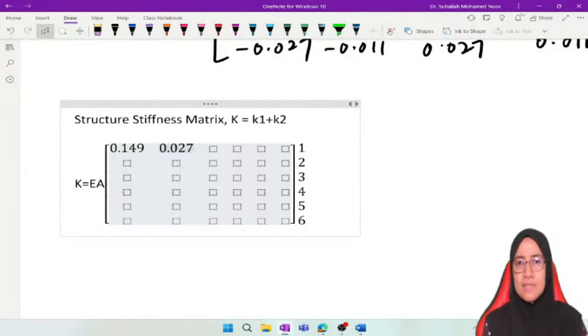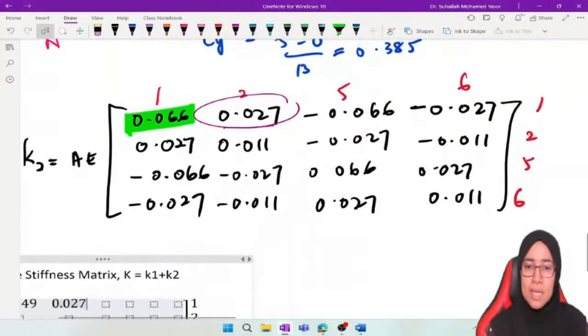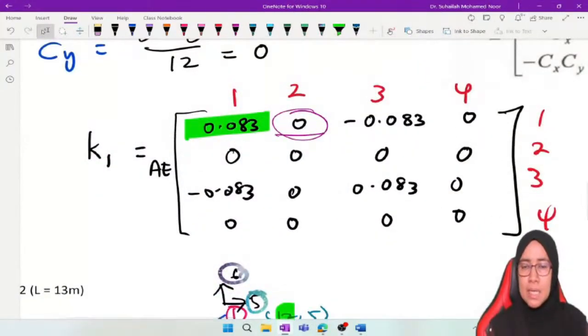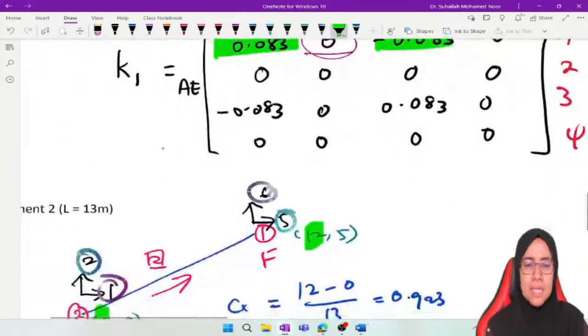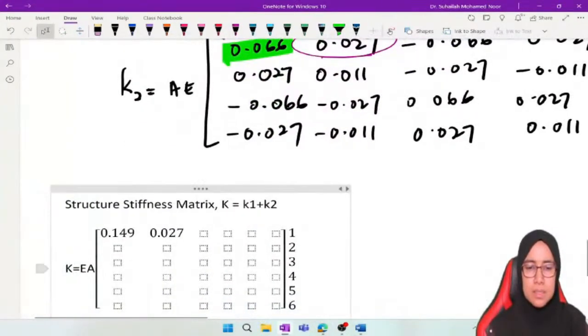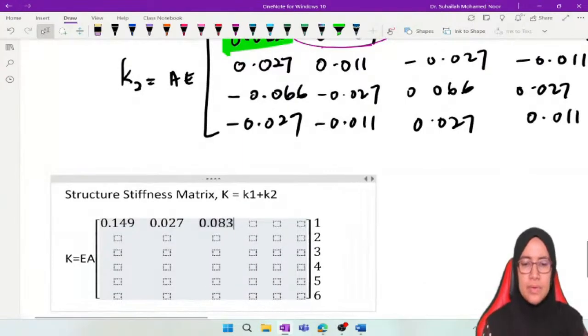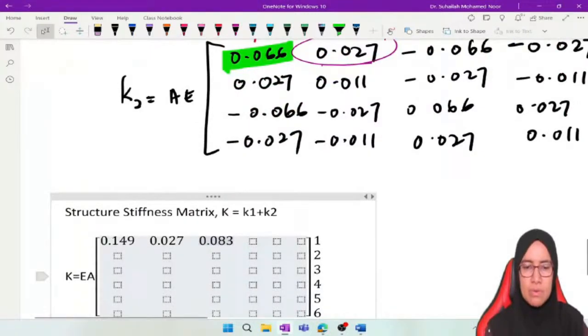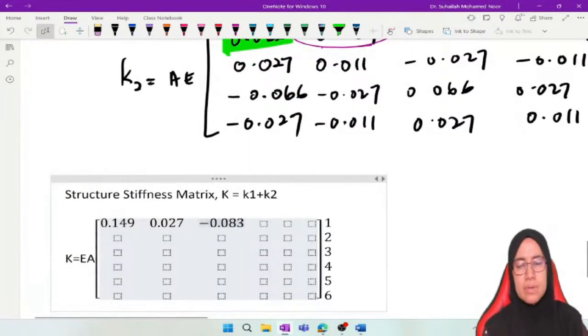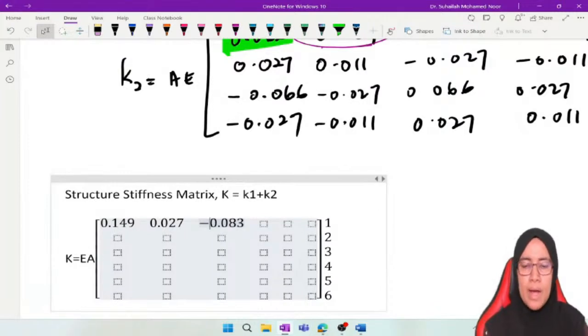Okay. Next value is 1,3. 1,3 is negative 0.083. Okay, 1,4.